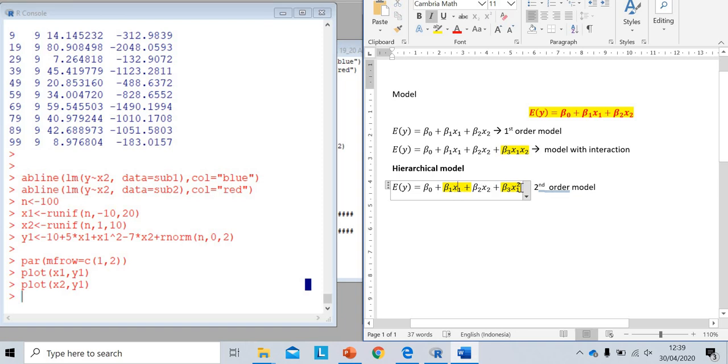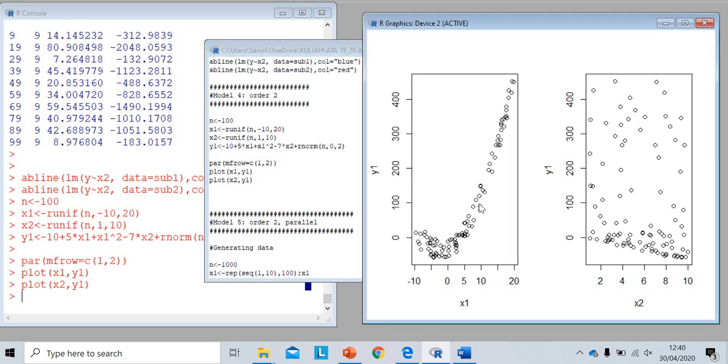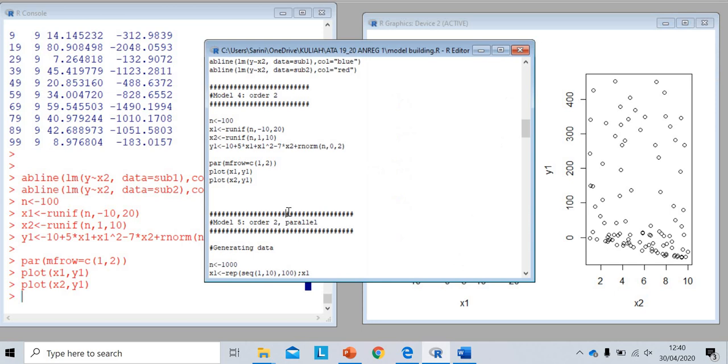So when you decide to put the second order term, you also need to put the first order term in your model. That's the principle of the hierarchical model. That's if we have one of the variables showing an indication of a quadratic term.